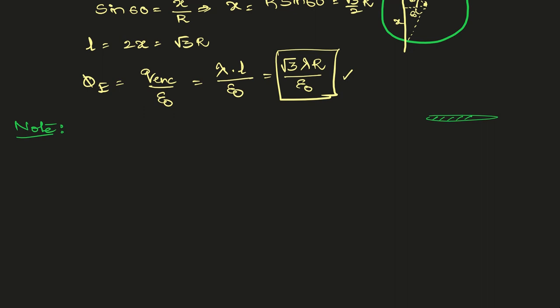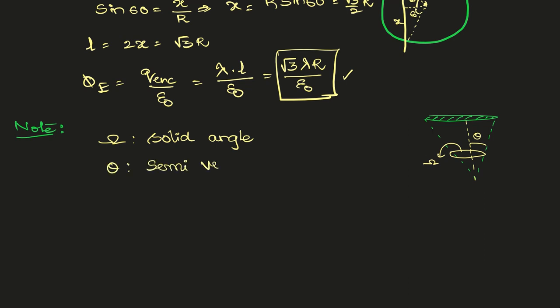If any surface is there, the three-dimensional angle subtended by this surface we call the solid angle, represented with omega, and if theta is the semi-vertex angle, then the relation between these two is omega equals 2 pi into 1 minus cos theta.